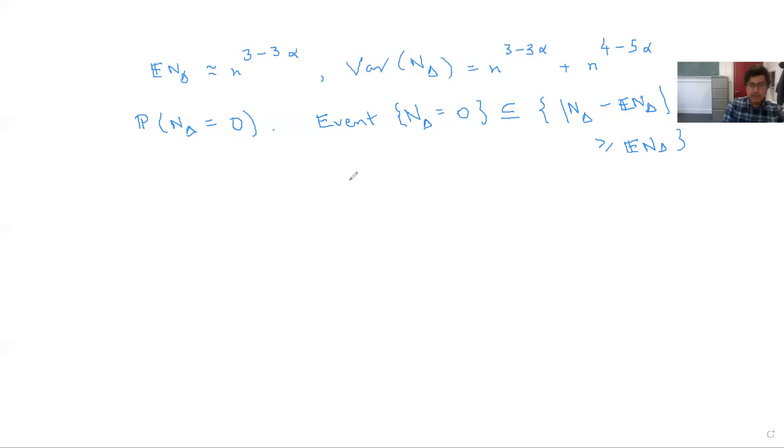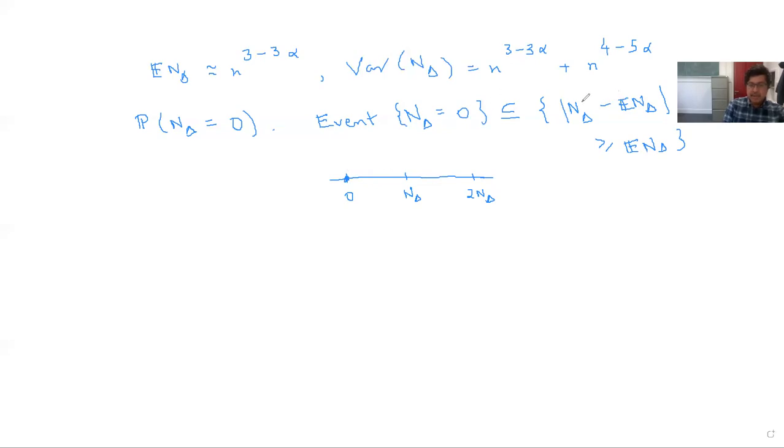Okay, why is that? So what's this event? So here's 0. Here's the mean number of triangles, whatever that happens to be. And here's 2 times the mean number of triangles. So we are interested in the event that the number of triangles is exactly 0.